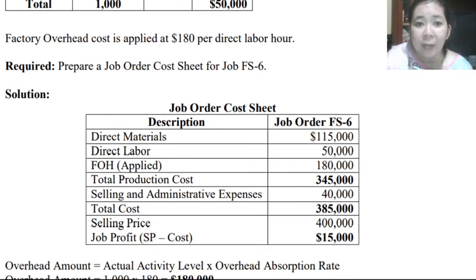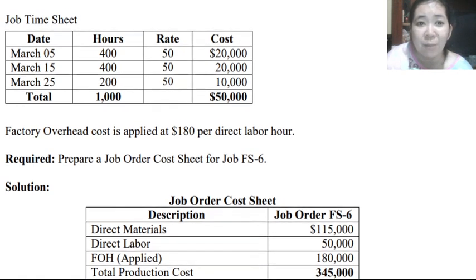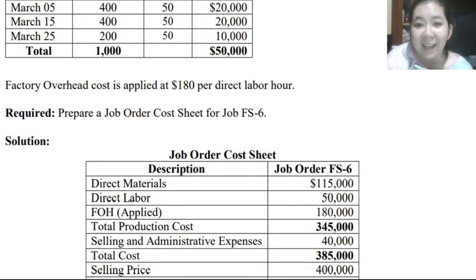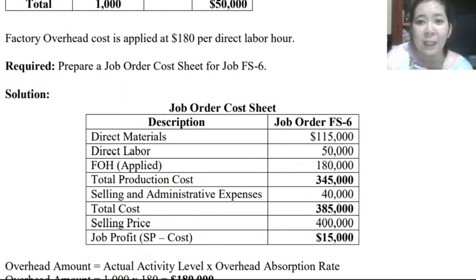For factory overhead, our factory overhead is based on 180 per direct labor hour. So that is 180 times 1,000 direct labor hours. So that's 180,000. We will total the cost of direct materials, direct labor, and factory overhead to get our total manufacturing cost of 345,000.